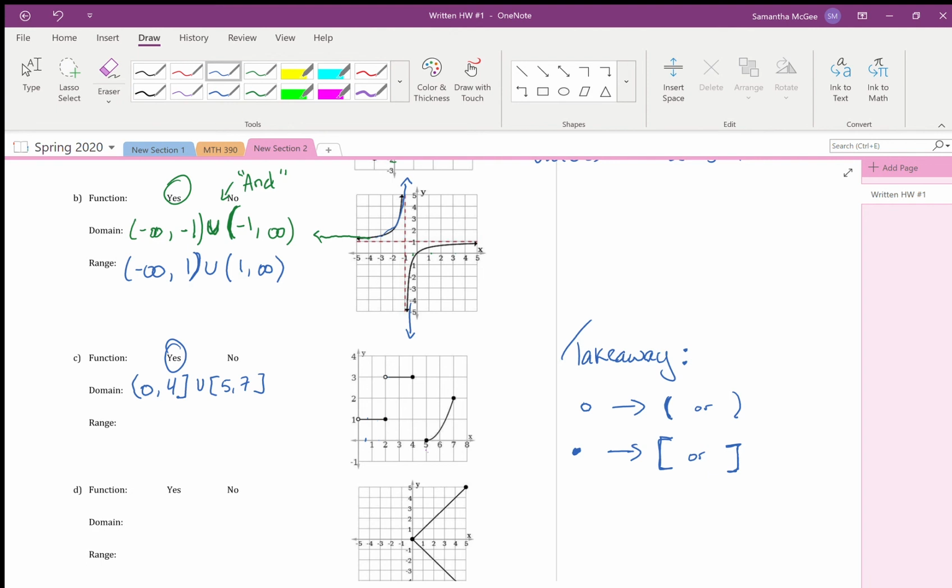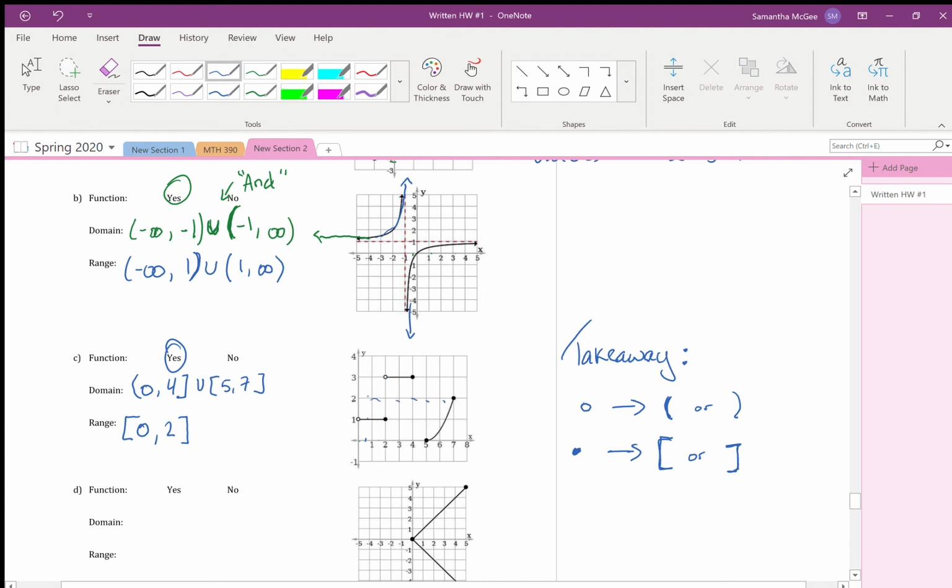Our range, it's going to be a similar process, except now we're looking at our output values, our y values. The smallest number that we output is 0. And we actually do output it because this dot was filled in, right? It started out filled in. So we output 0, we output everything from 0 to 2. And again, the dot is filled in at 2.